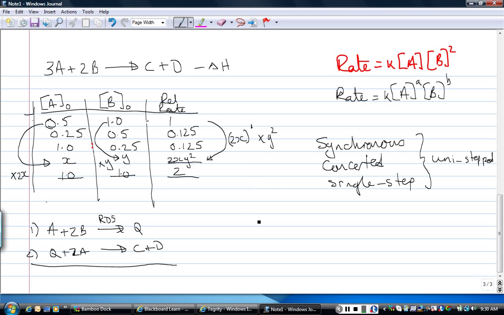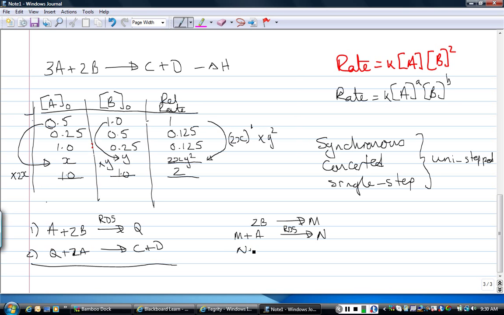So I cross out the Q's and I get 3 A's plus 2 B's give C plus D, and that's perfectly fine. I could have said that maybe 2 B's react to give, let's say, M, and then M reacts with an A to give N, and this will be my RDS.